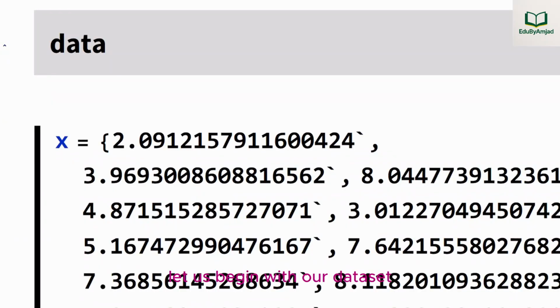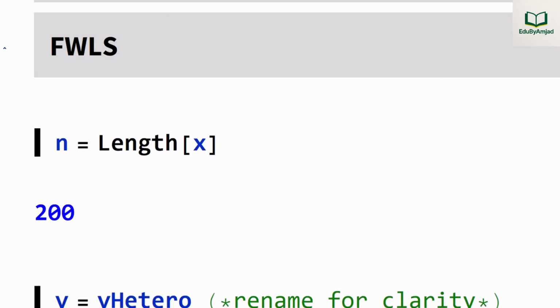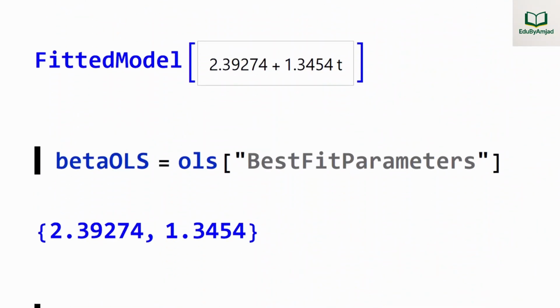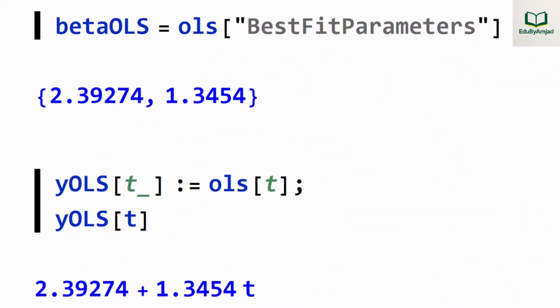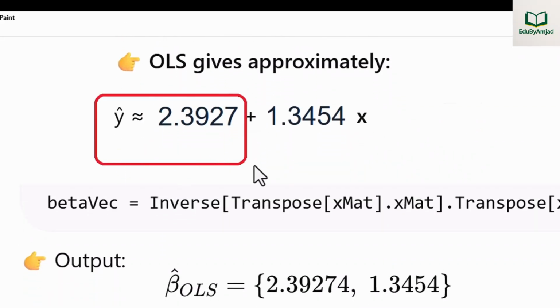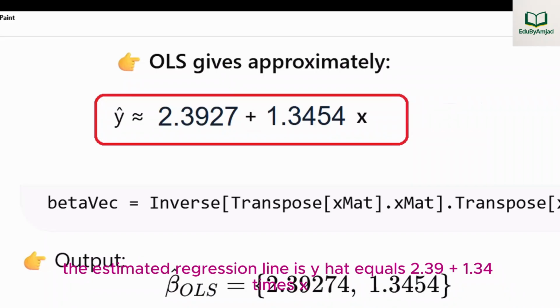Let us begin with our data set. We have already estimated the regression using ordinary least squares. The estimated regression line is y hat equals 2.39 plus 1.34 times x.